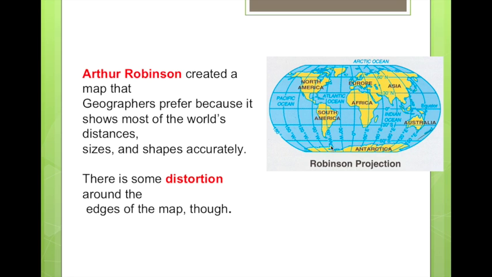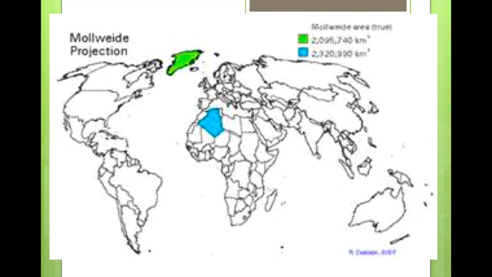So if you look at Antarctica and at the top, there is some distortion there. That is not perfect, but this shows distance, size, and shape the most accurately. So if you look at a Robinson projection, here you see Greenland. This is the correct size and shape and its relationship to Algeria.